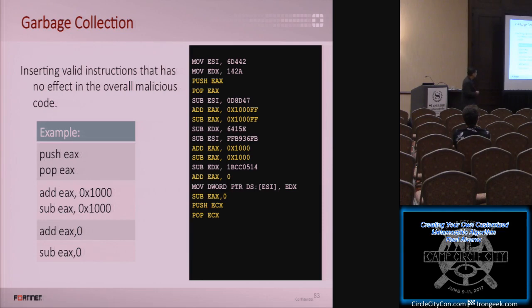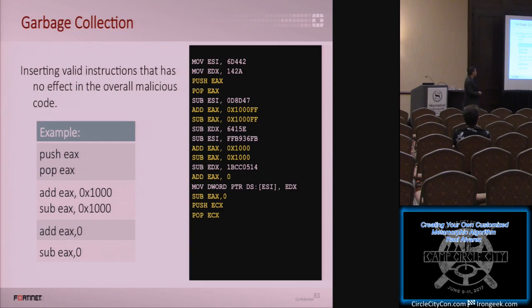Garbage code looks like regular instructions, but it doesn't do anything. If you push EAX, then pop EAX, nothing's changing. If you add EAX with 1000, whatever the value of EAX, and then subtract the same value, it won't touch EAX.